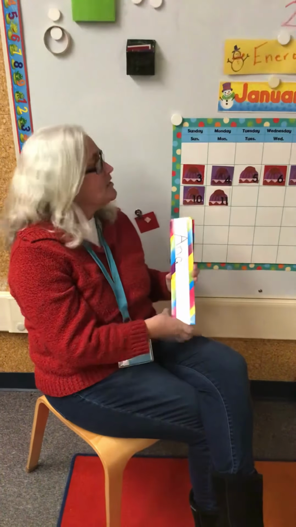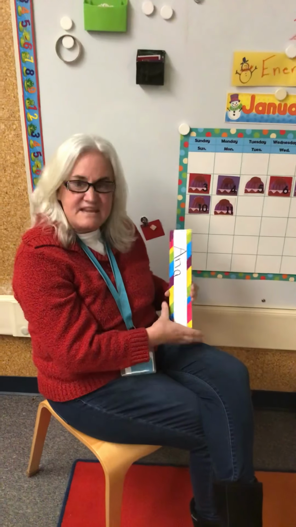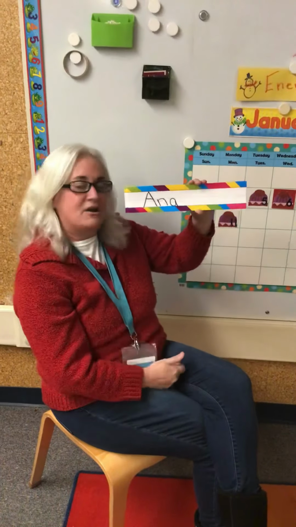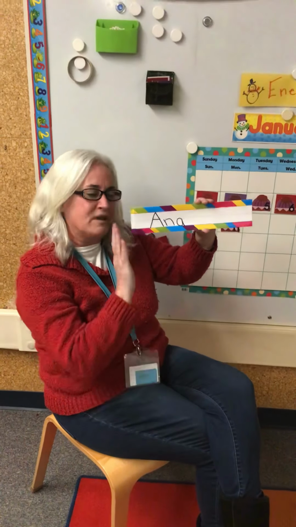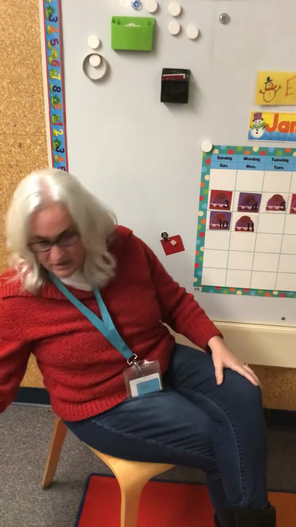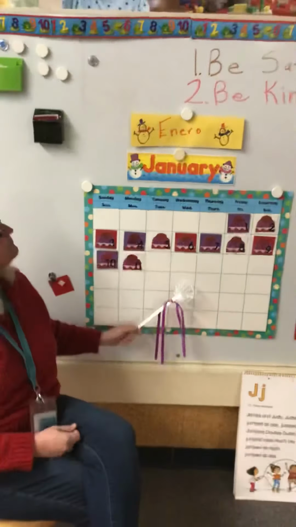W, X, Y, Z. So look at that. We've gone through the alphabet and we've got our names in alphabetical order now. 17 fine, wonderful friends getting ready to come over here and do our calendar.